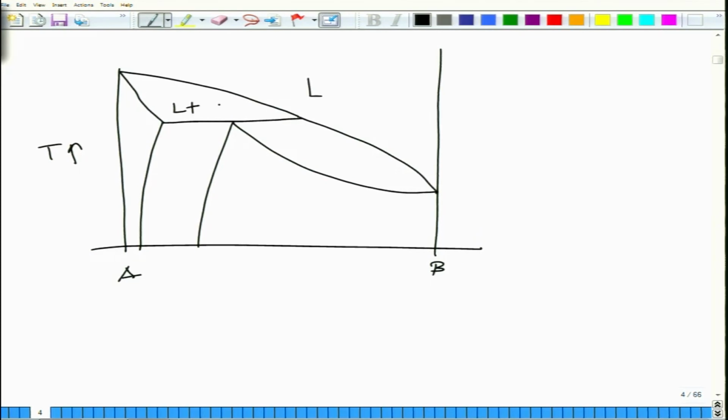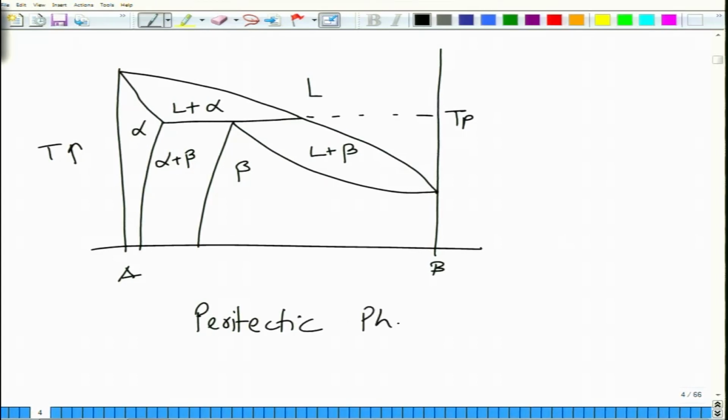Let's say this is liquid plus alpha, this is the alpha region, and liquid plus alpha give rise to a beta phase, so this is the alpha plus beta region, and then you have the liquid plus beta region. This is the peritectic temperature at which the peritectic reaction happens. So this is a peritectic phase diagram.